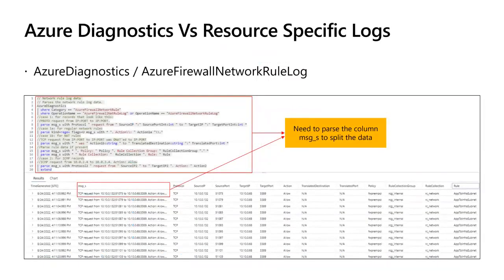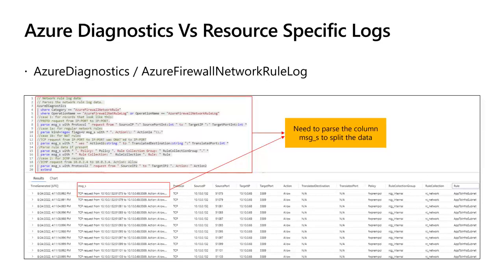Moving on, just to demonstrate an example of how these new resource specific logs will be beneficial to us. If you look at the bottom of the screen, we have some of the logs collected. This is an example from the Azure Diagnostics table.